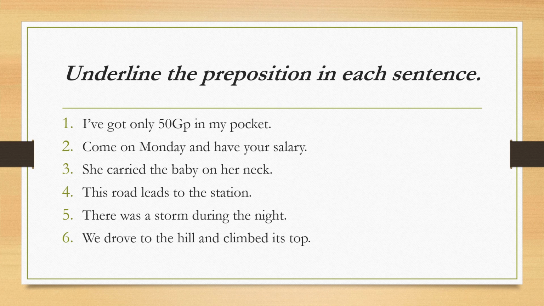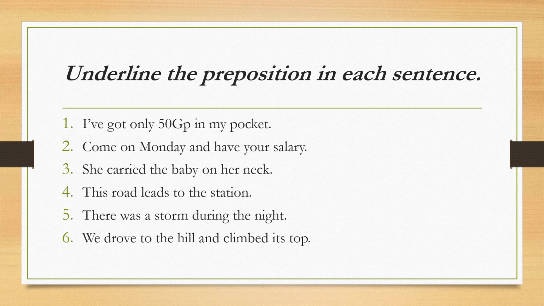The first question is, I have got only 50 Ghana pesos in my pocket. Yours is to select the preposition or underline it. But before you do that, you need to identify it. If you are confused, refer back to the explanations or the notes we have just captured, and then come back to the questions.